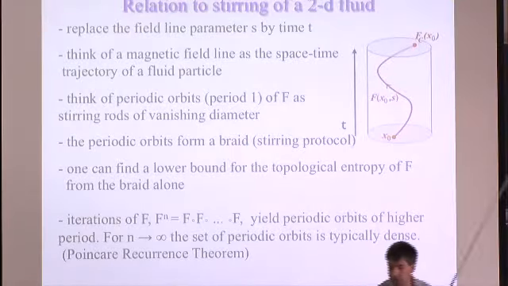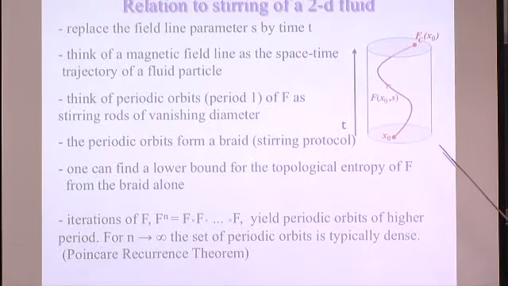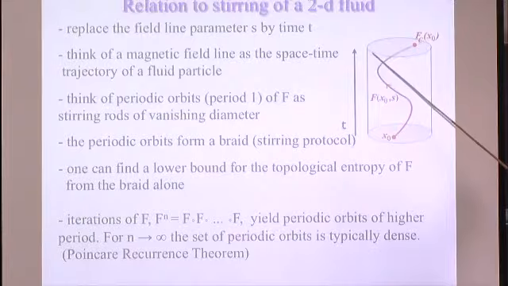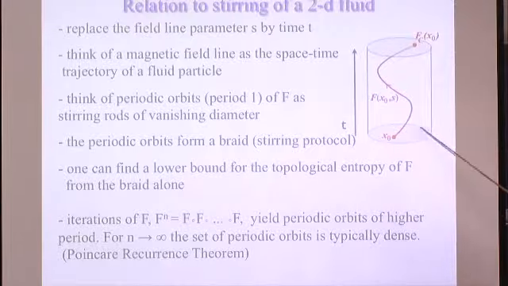And there's a neat analogy to what Jean-Luc has showed us, or Phil, in his braiding or stirring of a 2D fluid. If you replace our coordinate S along the cylinder by the time, then you can think of these field lines as the trajectories of a fluid particle.